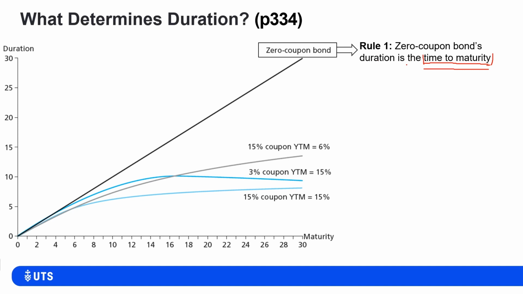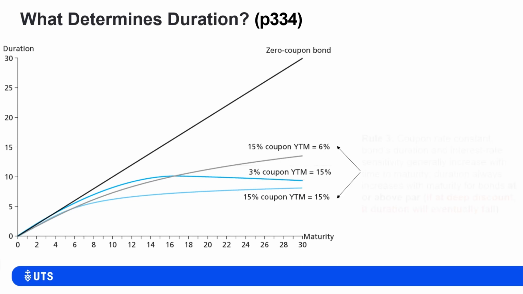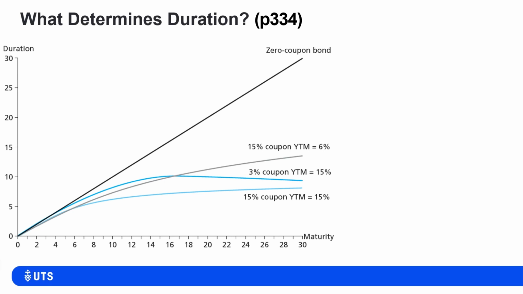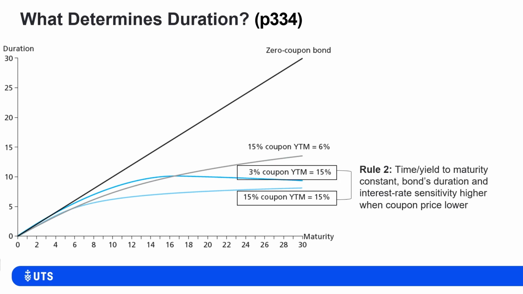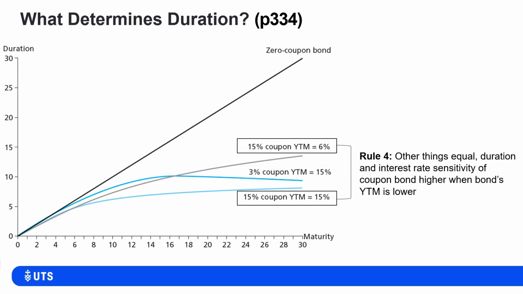Rules 2, 3, and 4 resemble the impacts of the coupon, the maturity time, and also the current yield on the market interest rates.